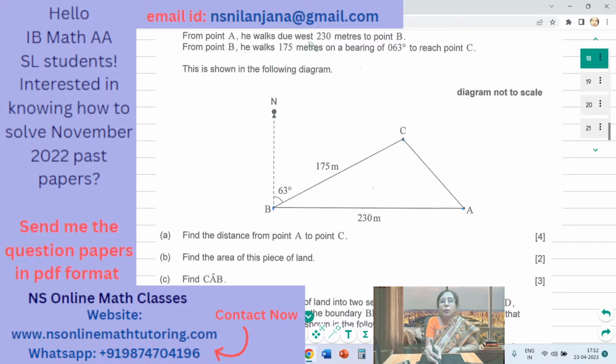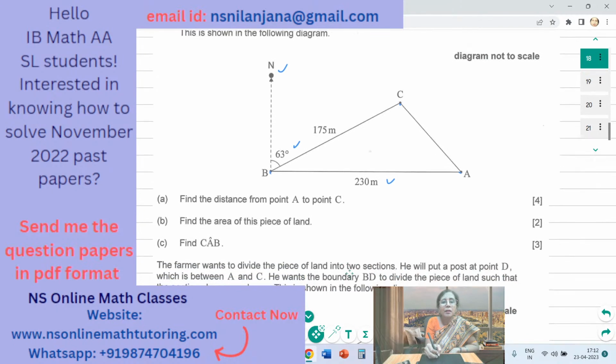From point A, he walks due west 230 meters to come to point B. And from point B, he walks 175 meters on a bearing of 063 degrees to reach point C. This is shown in the following diagram. This is the north, so the bearing is 63 degrees.